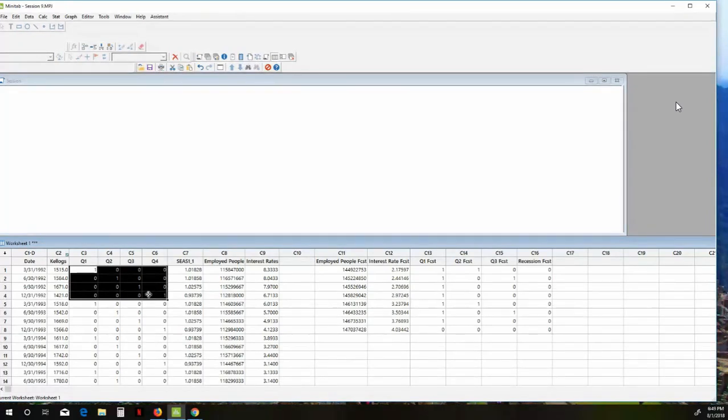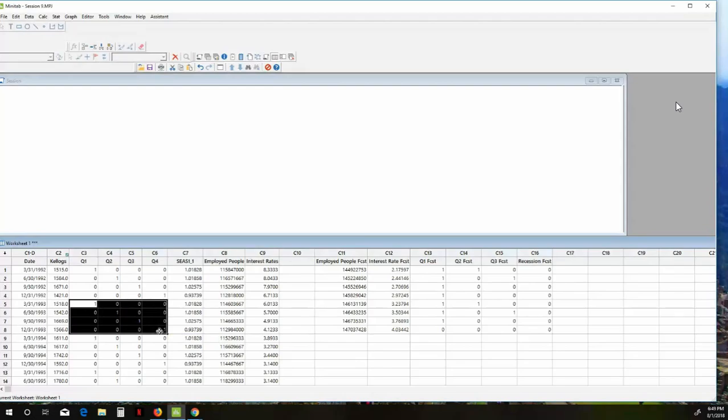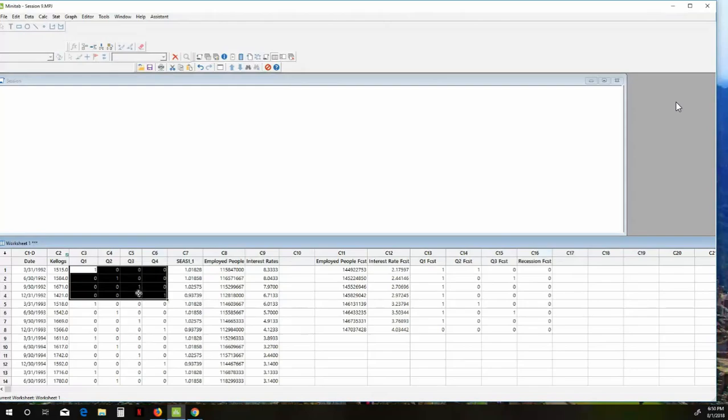Because seasonal effects are different per quarter. Okay, and the seasonal effects repeat year after year. So that's what I did: I created this first diagonal of 1s and 0s, 1s diagonal, 0s across, beginning with the first quarter. That's where the 1 begins, and ending in the fourth quarter, where the 1 ends in the fourth quarter.